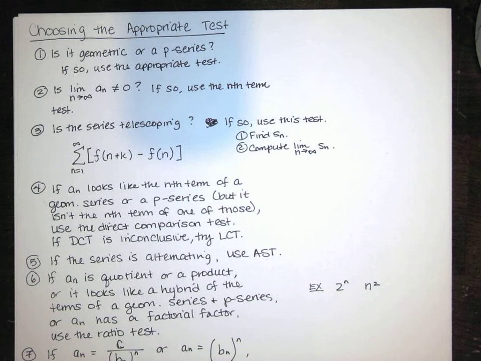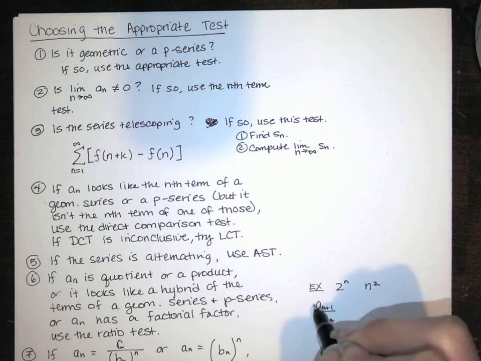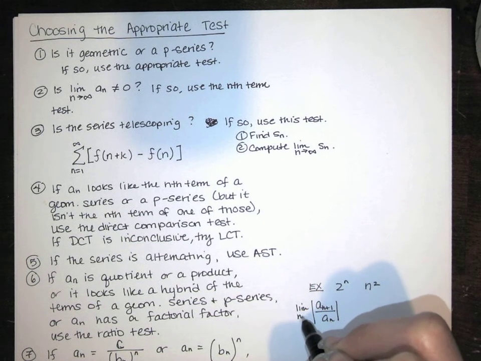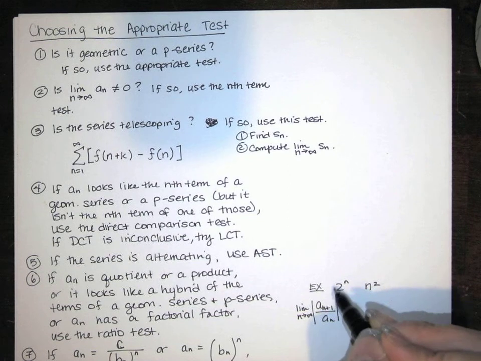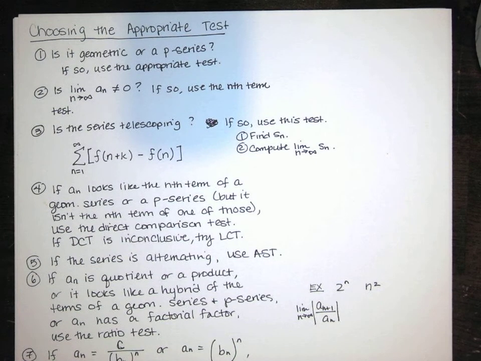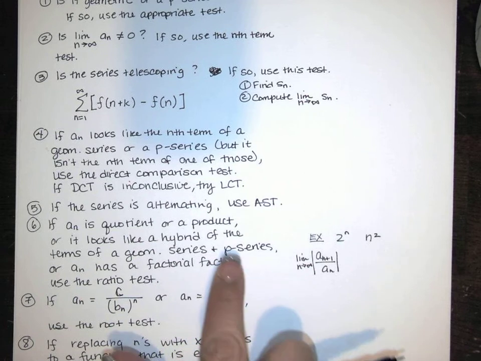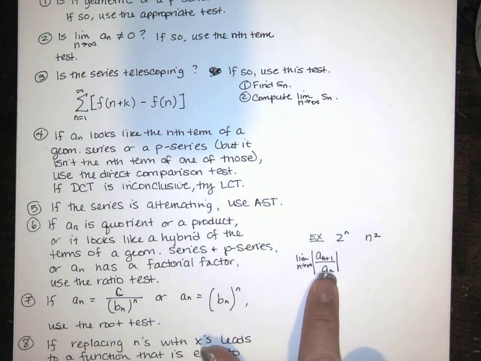The reason the ratio test works well in those cases is that a sub n plus 1 divided by a sub n, when you're computing the limit as n goes to infinity, if a sub n involves factors like this and this, or if it has a factorial in it, this will be very easy to simplify using standard properties of exponents and limits at infinity, properties of rational functions, and our techniques for evaluating limits at infinity. So if any of these is true, this limit is pretty easy to evaluate, so I would use the ratio test.